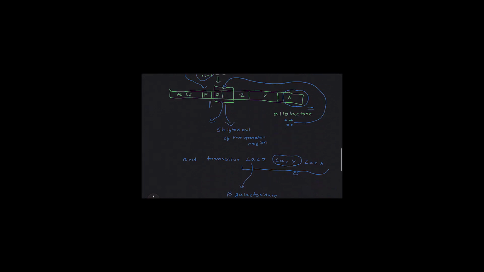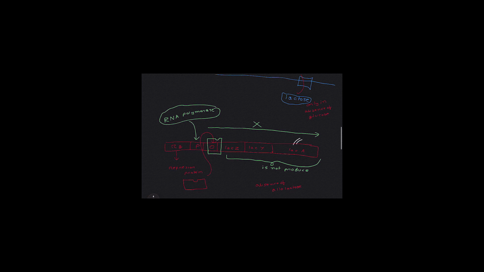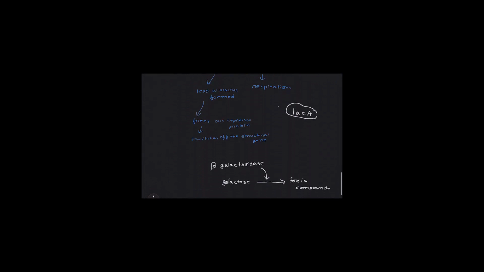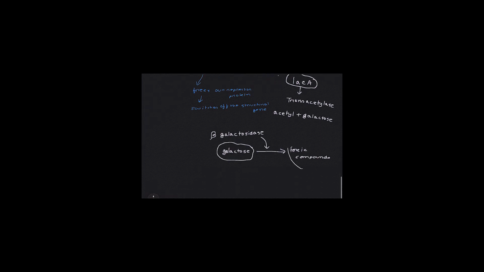Now Lac A, which was this part of the Lac Operon, codes for the enzyme trans-acetylase. Now trans-acetylase adds an acetyl group to our galactose. This acetylation prevents the galactose from being cleaved by beta-galactosidase. Thus, toxic compounds do not accumulate within the bacterial cell.